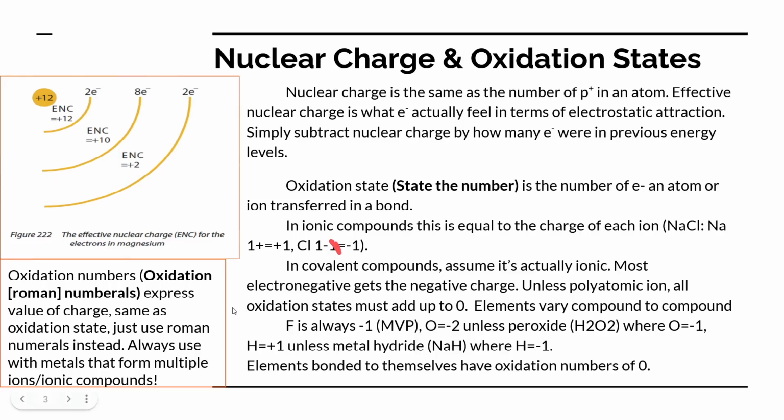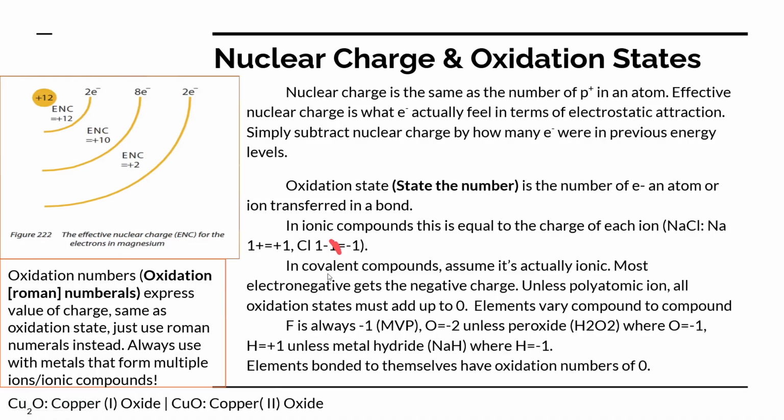So you might also see oxidation numbers on the exams, and I remember the difference by Roman numerals. Roman numerals express the value of the charge the same as the oxidation state, except they use Roman numerals instead. They always use this with metals that form multiple ionic compounds, because metals can form different oxidation states.